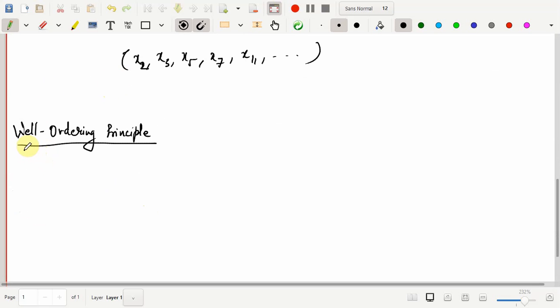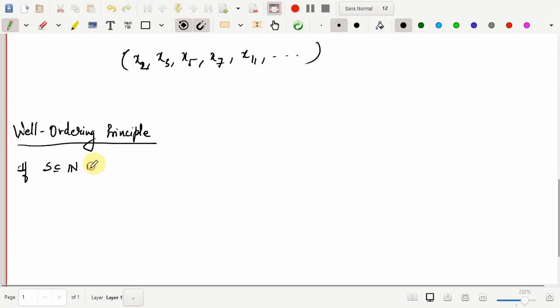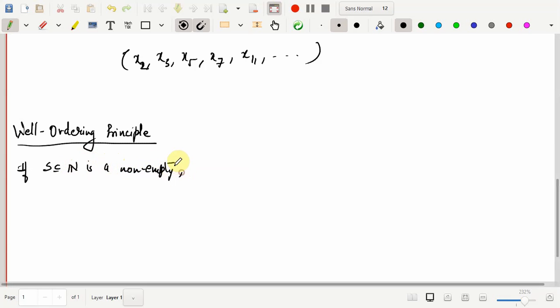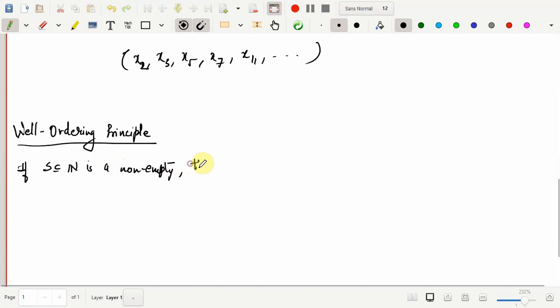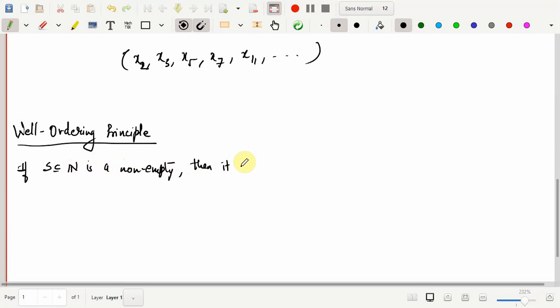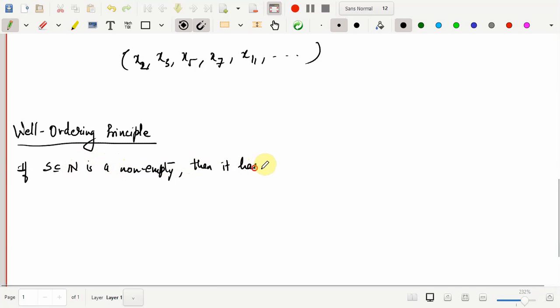So if we have a subset of the natural numbers which is non-empty, then it has a least element.